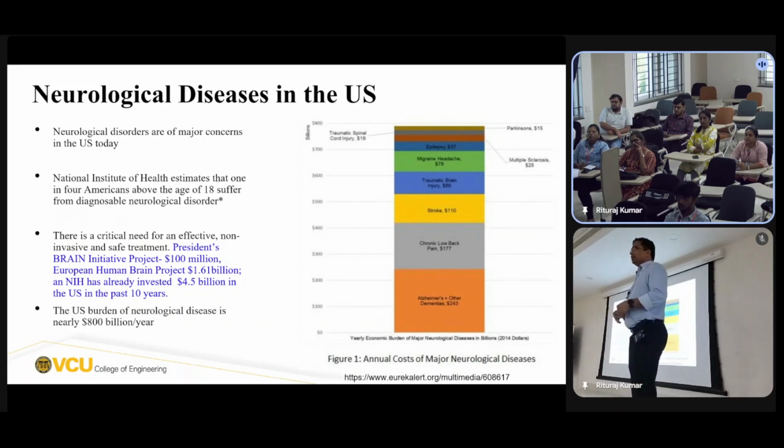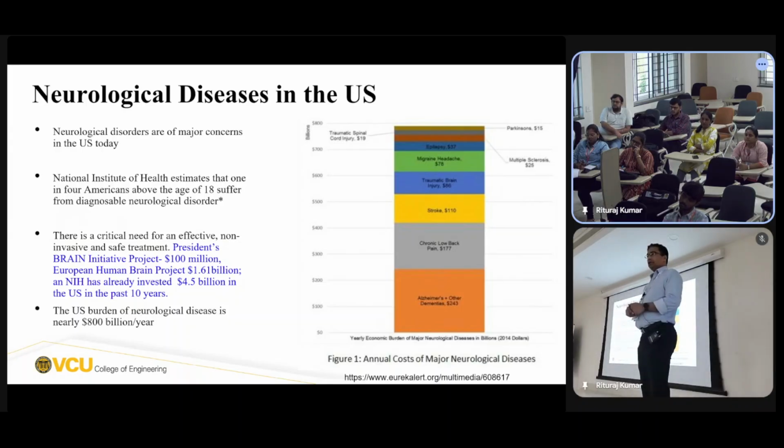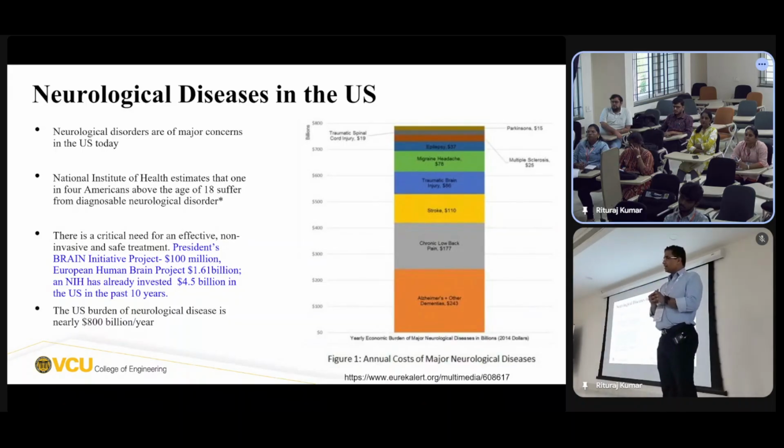But why do we need to? What is the urgency in finding new treatments for the brain? As I said, there are more and more people suffering from neurological and psychiatric disorders. There is a difference between psychiatric and neurological disorders.